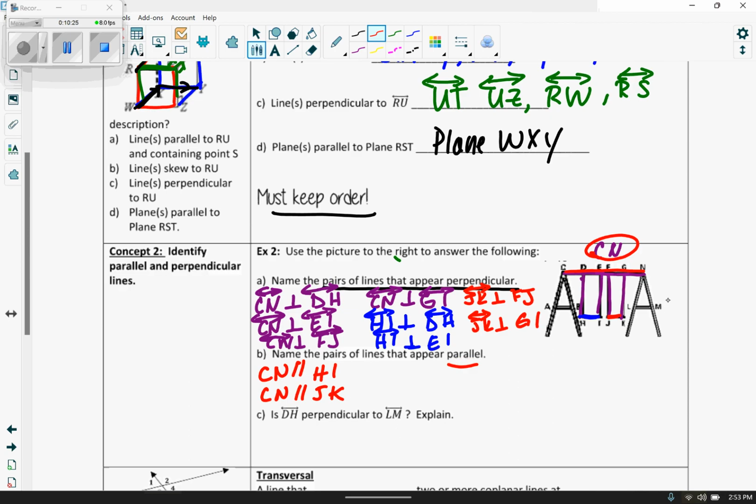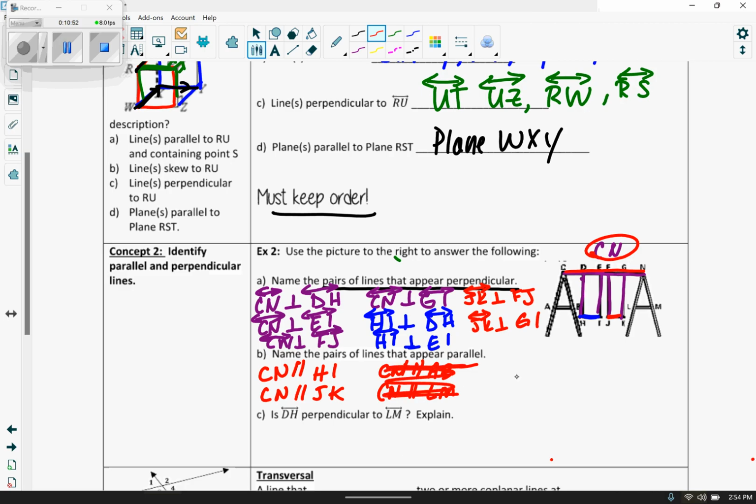It appears to be parallel with AB. And seems to be parallel to LM, but we don't know that for sure because they're not really on the same plane, because they're on separate things.